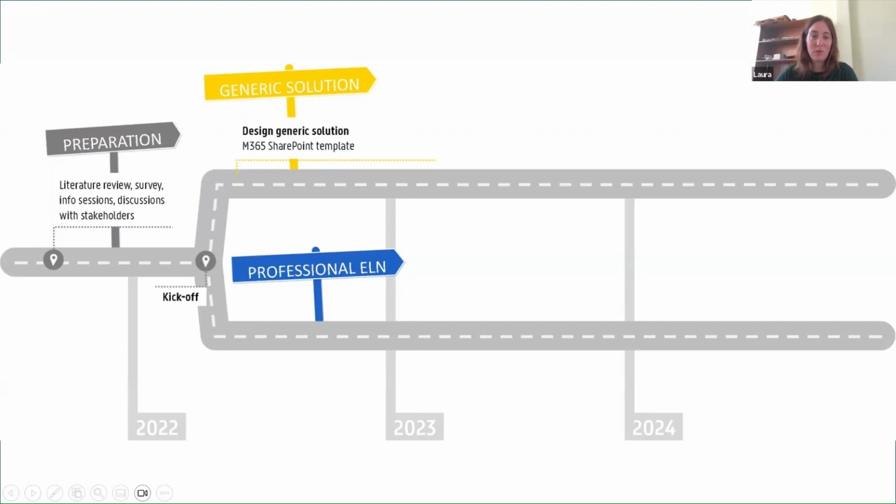That was, on the one hand, to come up with a more generic solution. And since we're using the Microsoft M365 environment for data storage, we have designed a SharePoint template specifically to hold data from research projects, but also the documentation. So using that as a note-taking tool. And in parallel, investigate the possibility to get a university-wide license on what we then called a professional ELN.